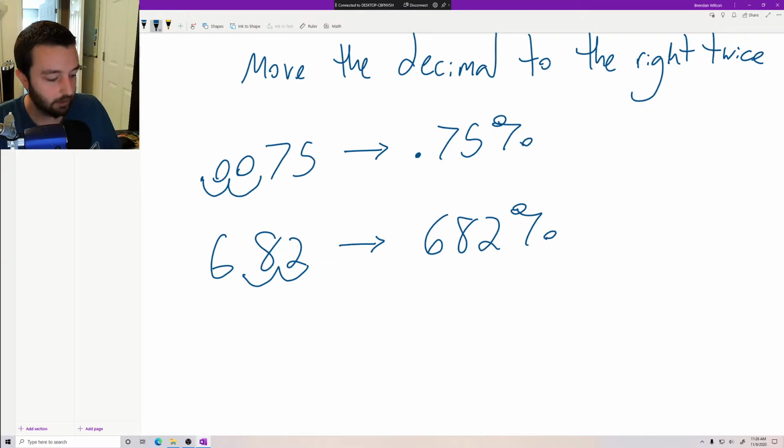Okay. So I picked this one on purpose to show that we can have percents that are over 100%. 100% is not necessarily the max. If we have 682% of something, then that means we have 682 for every 100 parts. Okay.